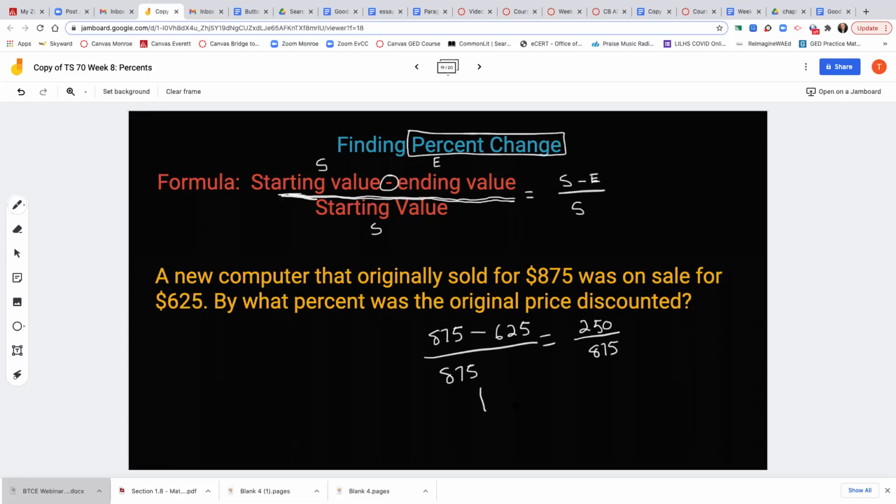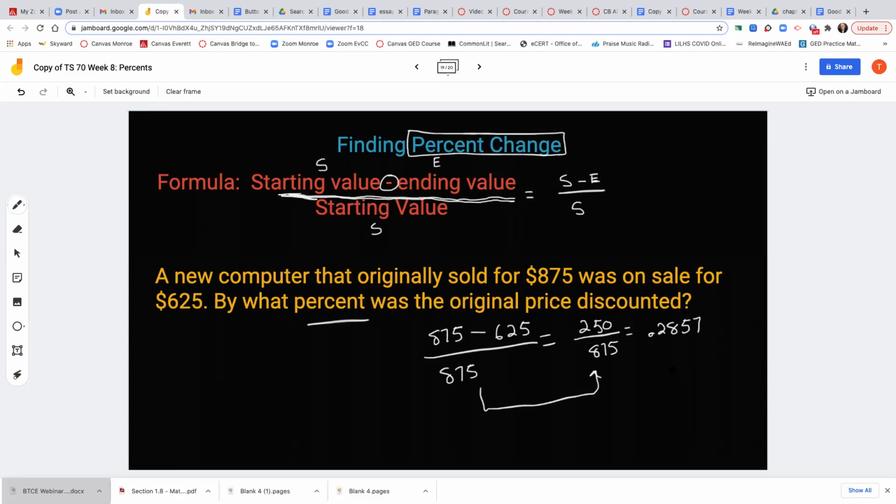Okay. I'm just bringing this over here, okay? So divided by 875, enter, is 0.2857. Now they're asking for a percent.